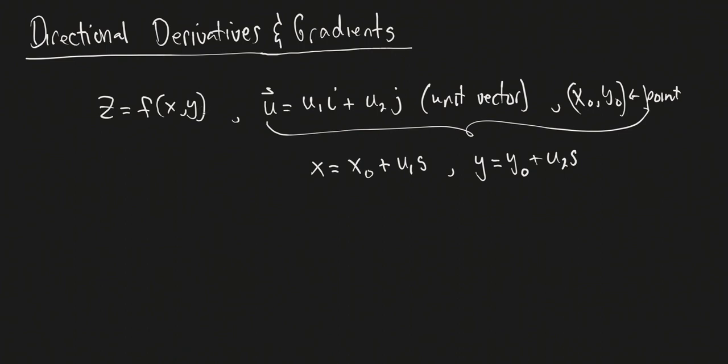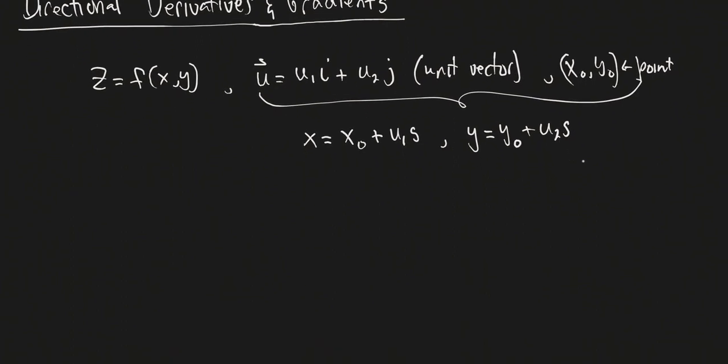But if we think closely about this setup, this is saying that z is a function of x and y, and then x is a function of s, right? Because the point is fixed and the u1 component of my direction is fixed. So x really only depends on s. Similarly, y only depends on s. So that sounds a lot like what we were doing with the chain rule.